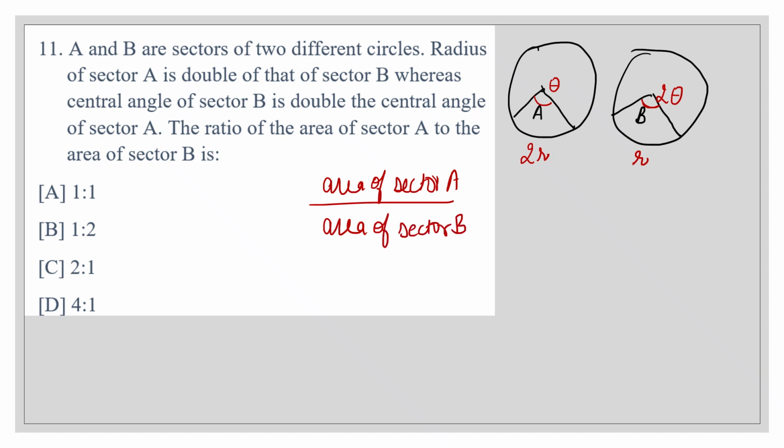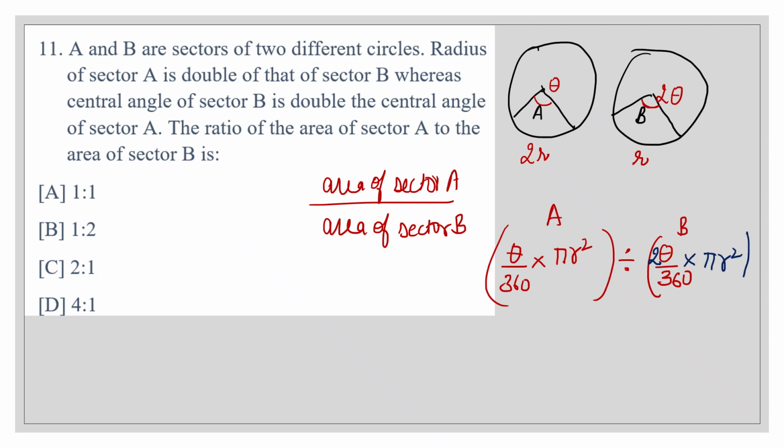Let's write the formula. Theta by 360 into pi r square divided by theta by 360. This is A, B. Here theta is 2 theta and into pi r square.